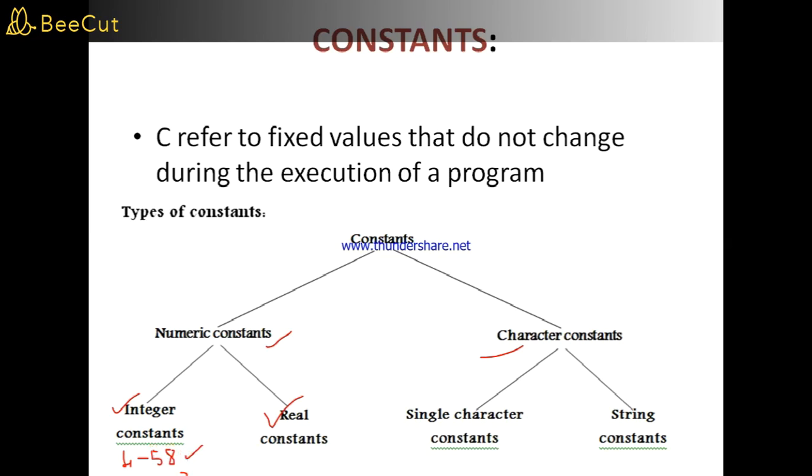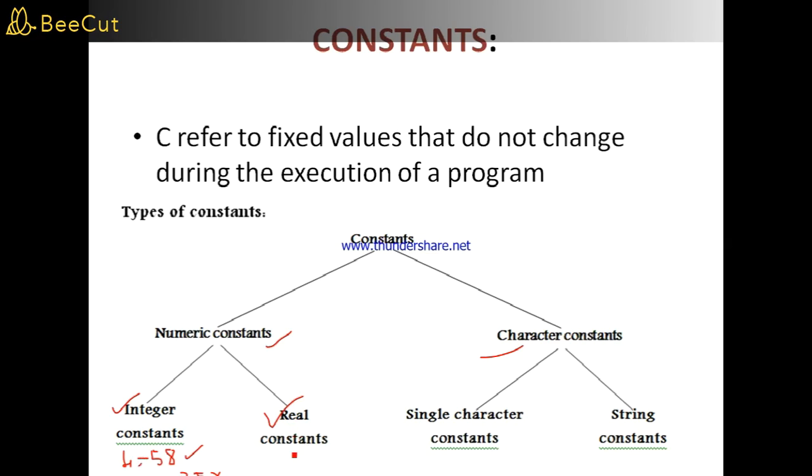And suppose you are writing 3.5, this is not an integer, because an integer does not contain fraction points. Clear? Integers may contain positive or negative numbers, there should not be any fraction.